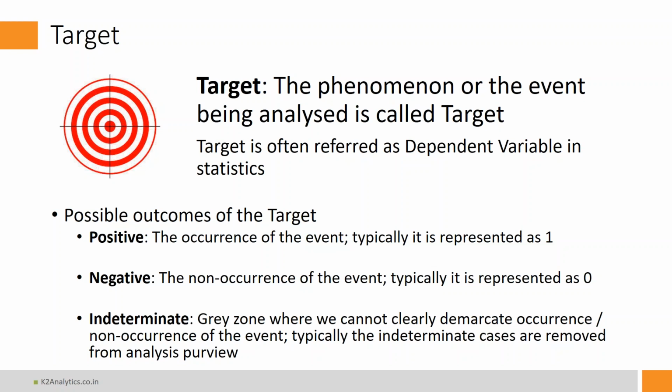Taking the churn example forward, if I say zero usage of data services by a customer in the next month means a churned customer, then I'll start with a pool of customers who are all users of my data services in the month of, say, January. Now I'll see the behavior of these customers in the month of February.